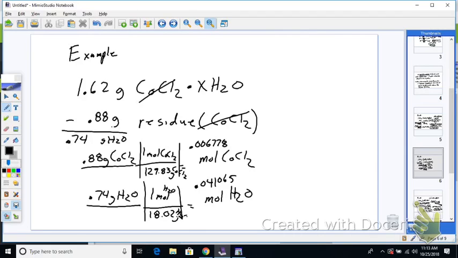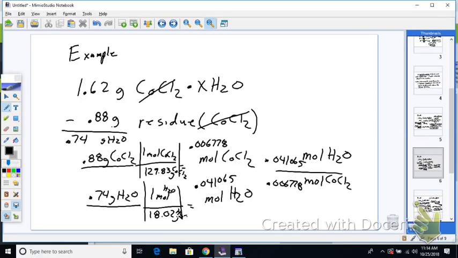So then the last step, what you do is you look at how the moles of H2O compare to the moles of the residue, in this case COCl2. So now you put down here the 0.006778, and up here you put the 0.041065.